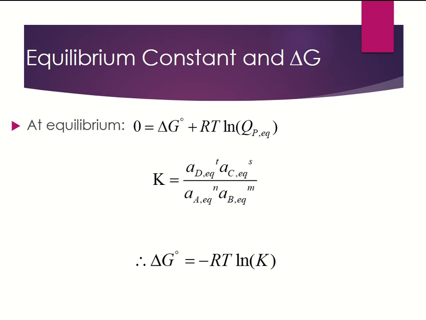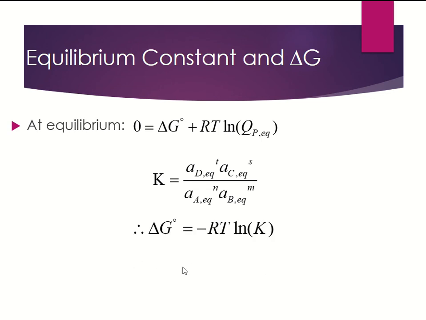So we will say, if we calculate delta G naught for a process, that if delta G naught for a reaction is less than 0, that reaction is product favored because K is greater than 1. If delta G naught for a reaction is greater than 0, we say that reaction is reactant favored because the equilibrium constant is less than 1.